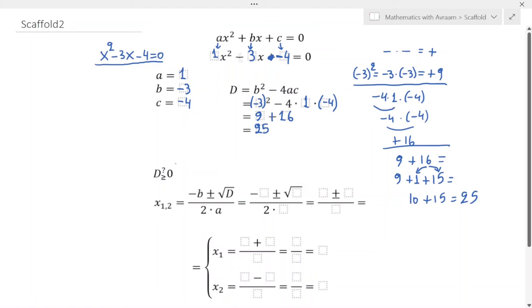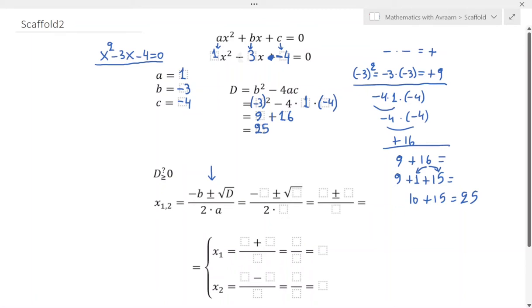Anyway, we found the discriminant, it's 25, and when it's greater than or equal to 0, you can use this formula. If it's negative, then there are no solutions for the initial equation. So here we have solutions, and we are going to find them using this formula. This formula has B, it has D, that's the discriminant, and it has A, and we know all these numbers.